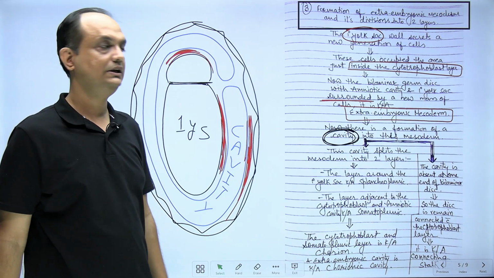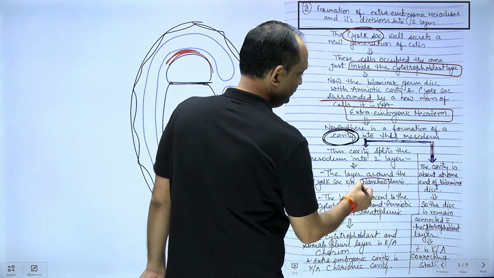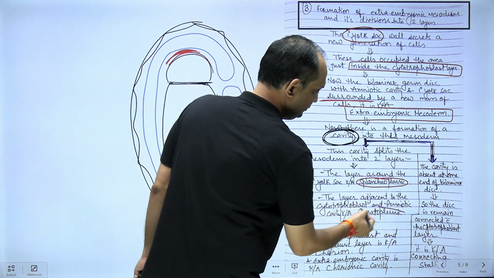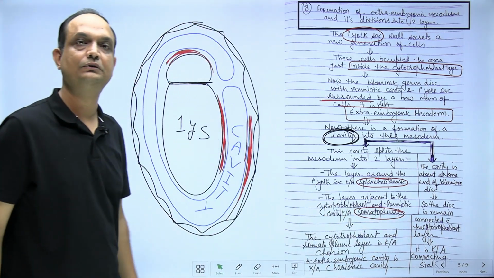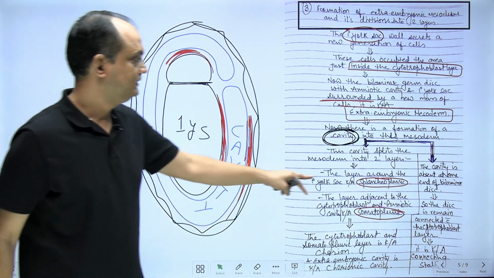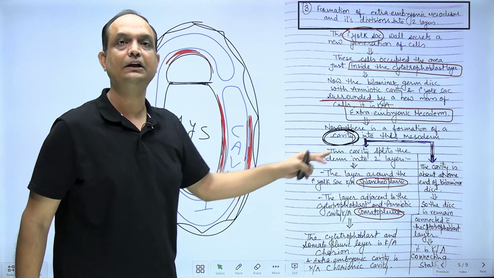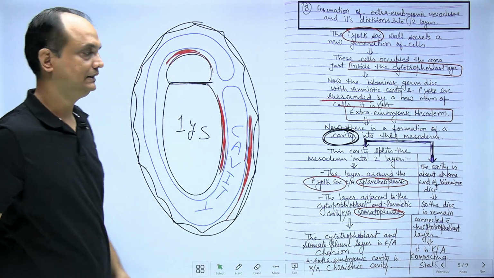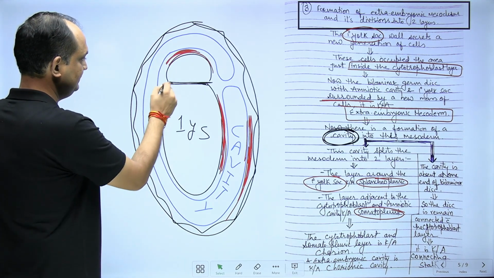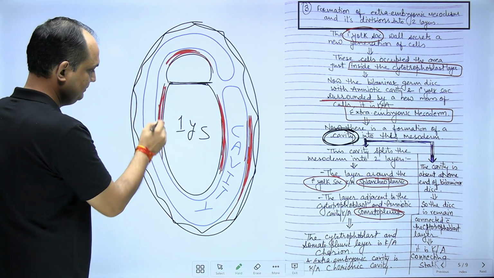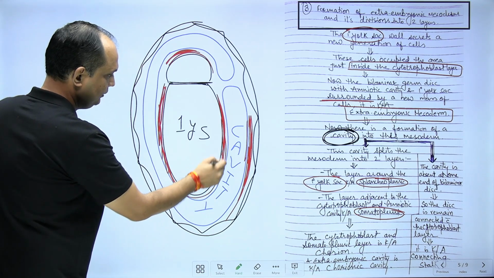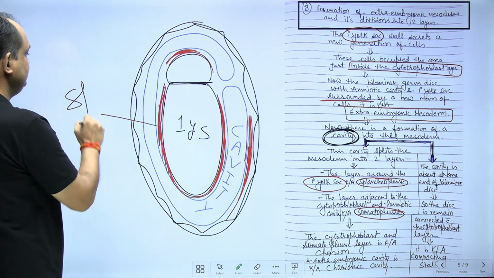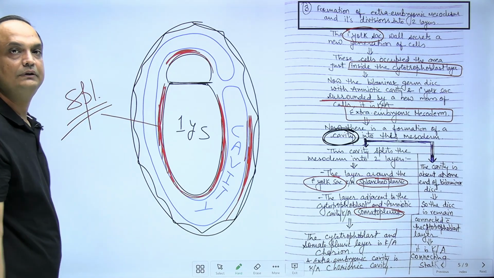What are these layers known as? One is known as splanchnopleuric extraembryonic mesoderm, and one is known as somatopleuric extraembryonic mesoderm. So what is splanchnopleuric? The layer of extraembryonic mesoderm which is present around the primary yolk sac. That means this is your primary yolk sac, and around the primary yolk sac, this layer of extraembryonic mesoderm is known as splanchnopleuric extraembryonic mesoderm.